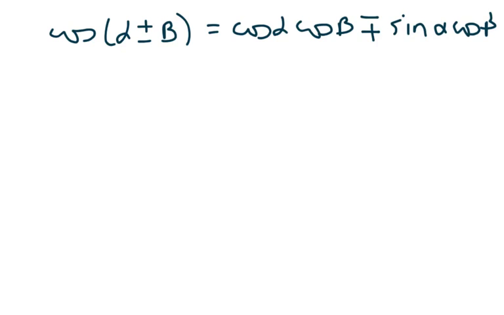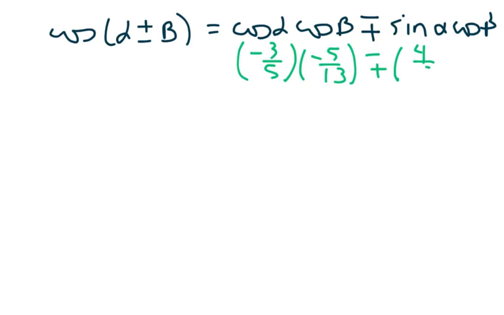So cosine of alpha is negative 3/5. Cosine of beta is negative 5 over 13. Minus plus sine of alpha is 4/5. And cosine of beta is negative 5.